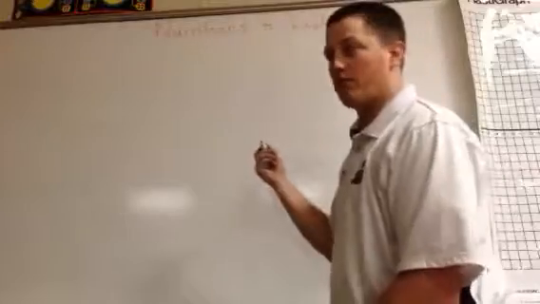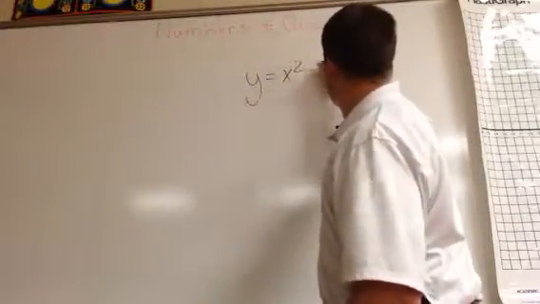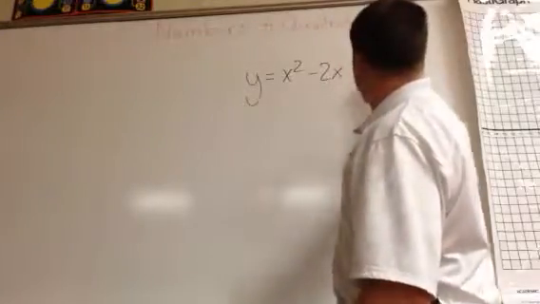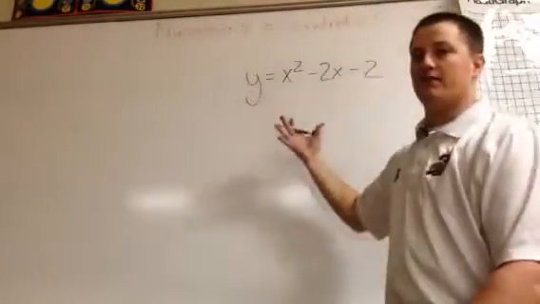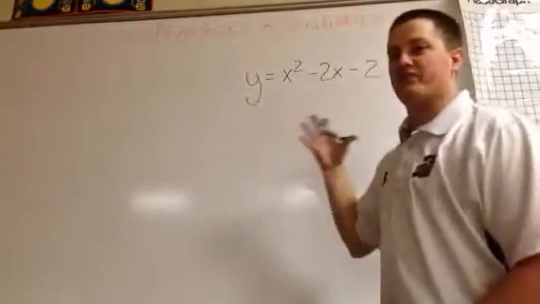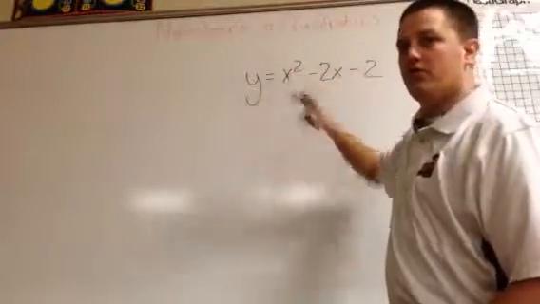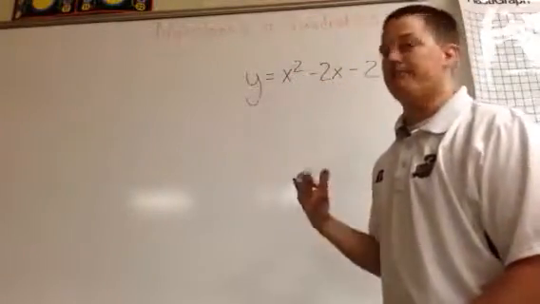So some examples of quadratics. This right here is a quadratic. We will learn more about the form later, but this is in general form. The idea here is that our highest exponent is a 2, which we know as squaring.